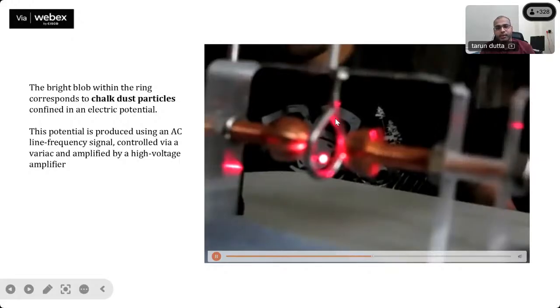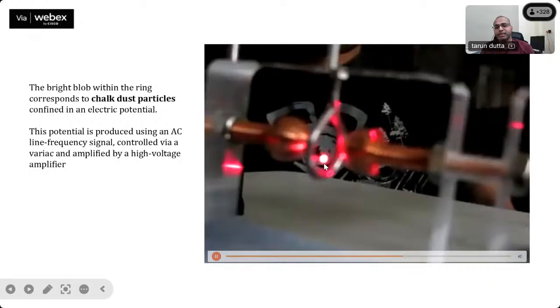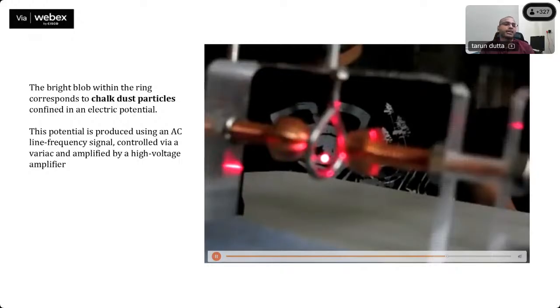Inside this ring you can see a very bright blob. We shine the laser, and that is why you can see the blob. That is the dust particle. That is the first step to realize how we can trap a charged particle.